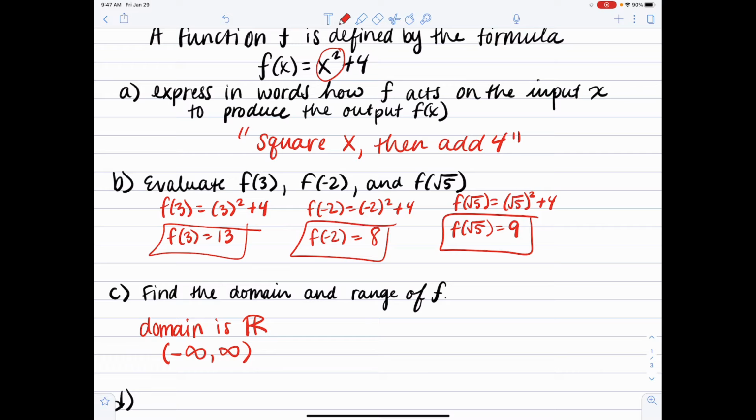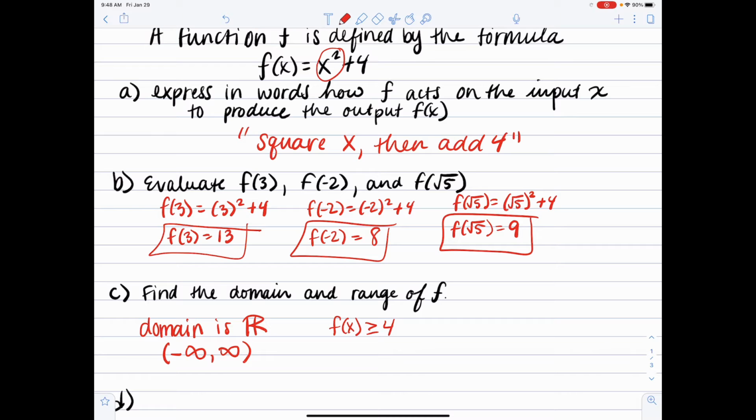You can never have a negative answer there, plus 4. So the smallest value that y can be is 4. Okay, so the f of x needs to be greater than or equal to 4, because you'll never get an answer less than that. So you can go ahead and try that, but we're just talking through it.